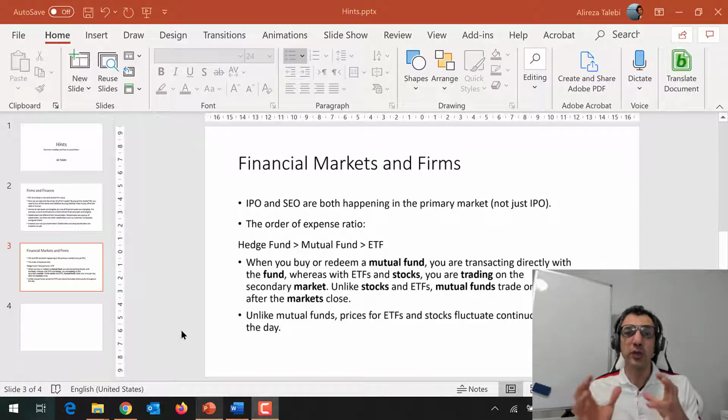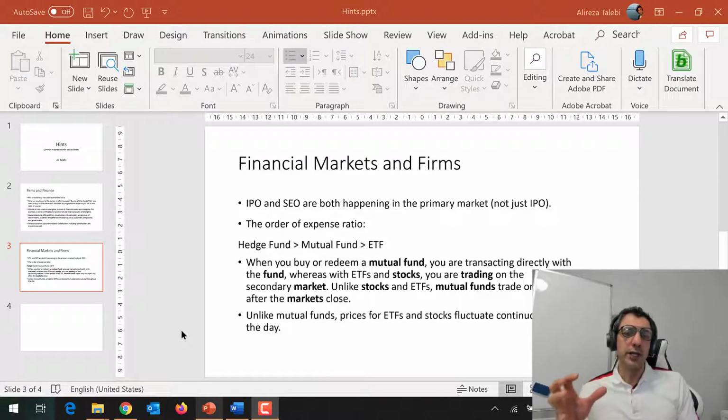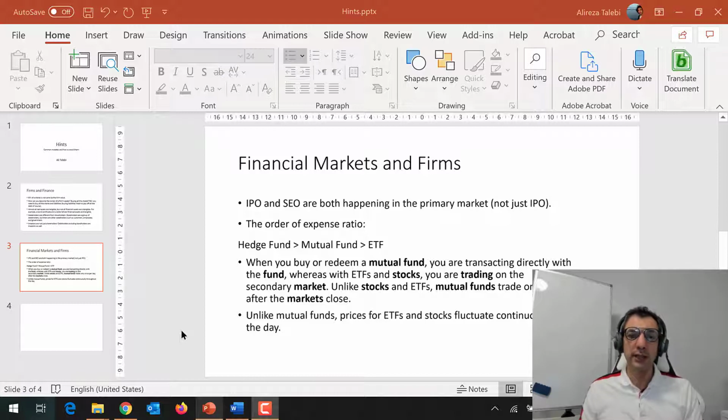So be careful that you are distinguishing between these three funds and you know the differences in expense ratio and the specifications of each. Another important difference between these funds is regarding the mutual funds.